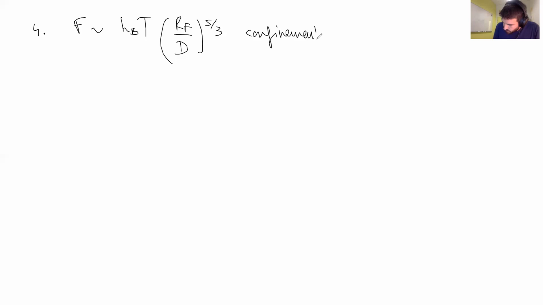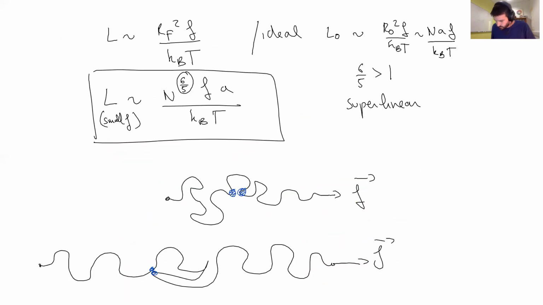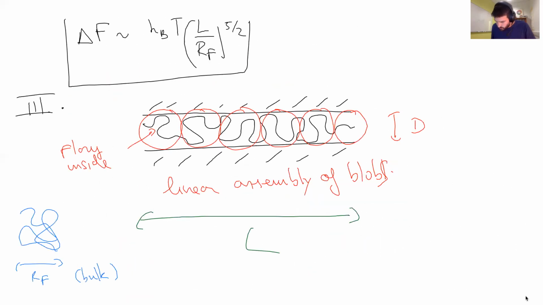F is kbt, we said, RF divided by D to the 5/3. And this is confinement. But in the traction problem, what do we have? We have, sorry, it's at the end. In the traction problem, this is what we got.